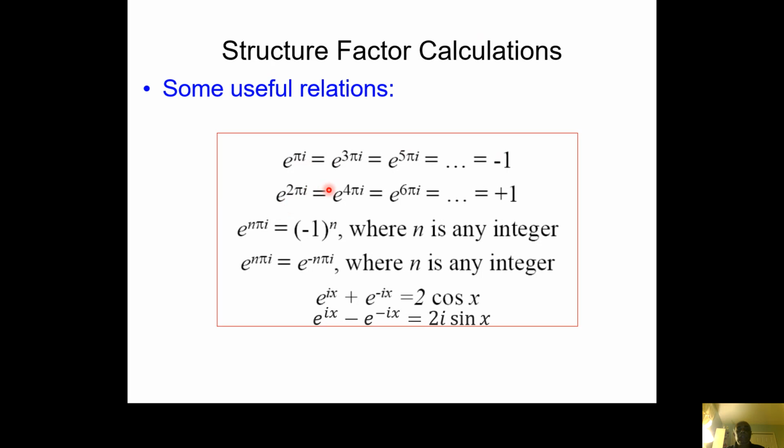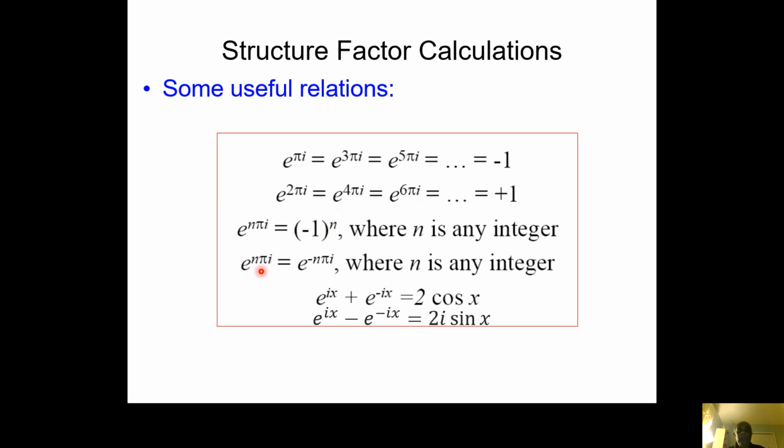For even multiples like 2 pi i, 4 pi i, 6 pi i, it's +1. Everybody should know that. Basically you are writing e to the n pi i as (-1) to the n if n is an integer. If n is odd, you get -1. If n is even, you get +1. This is a general expression.